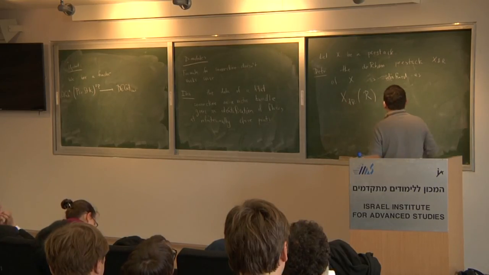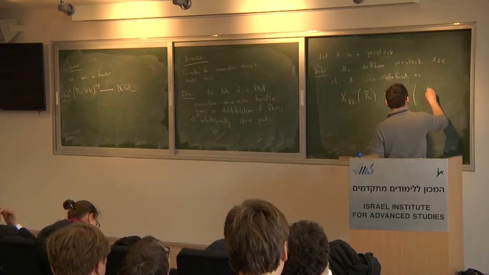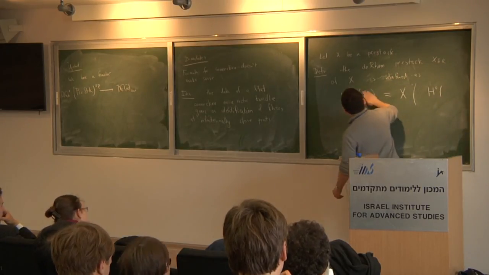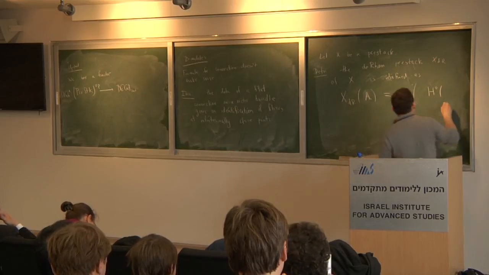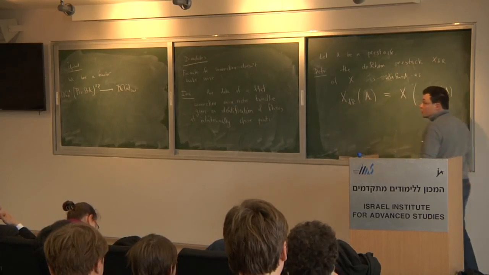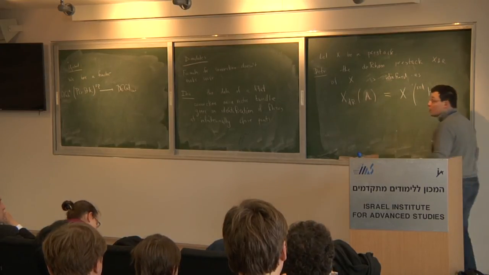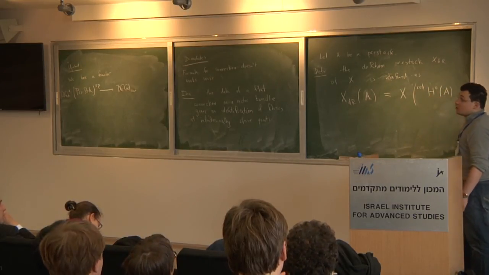By definition, I take X, let's call this A, I take H^0 of A, and then I take the reduced part. By this I mean the quotient by the nilradical.